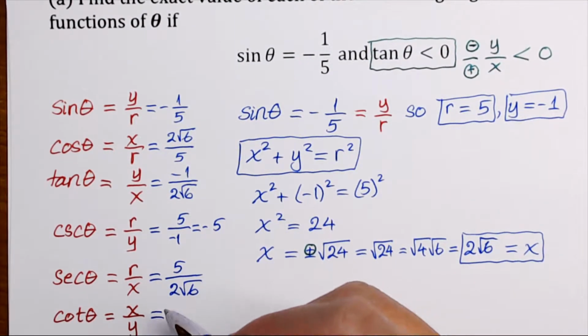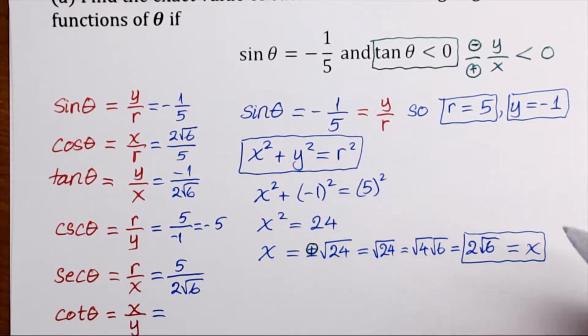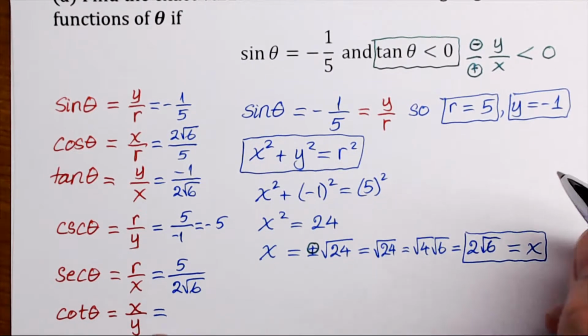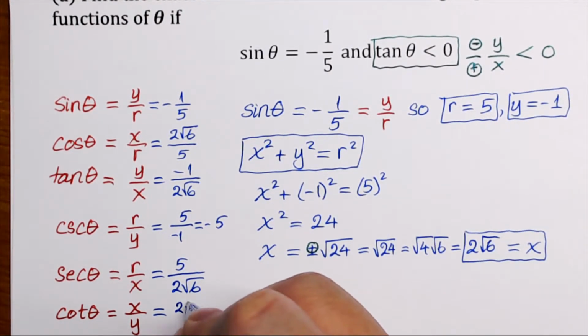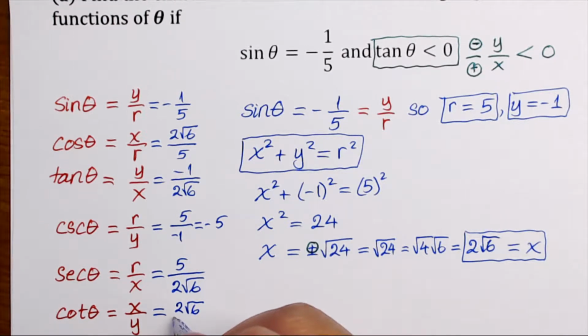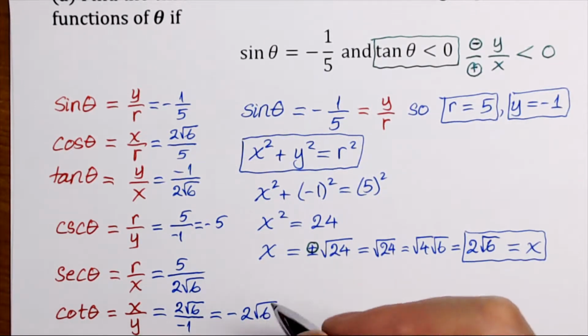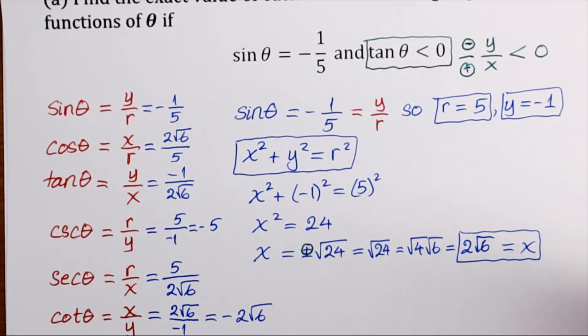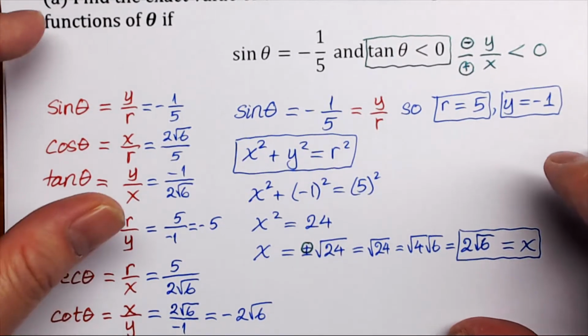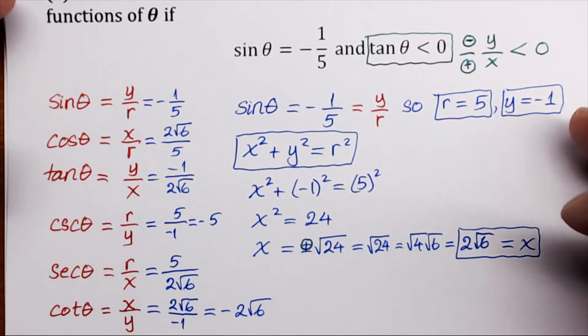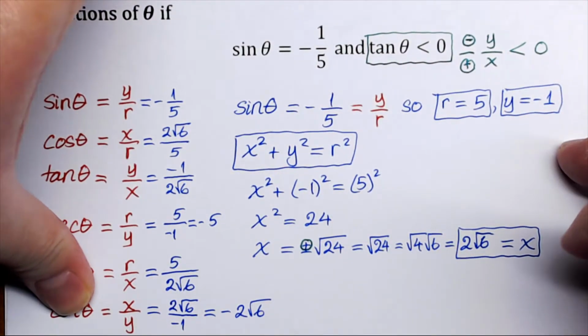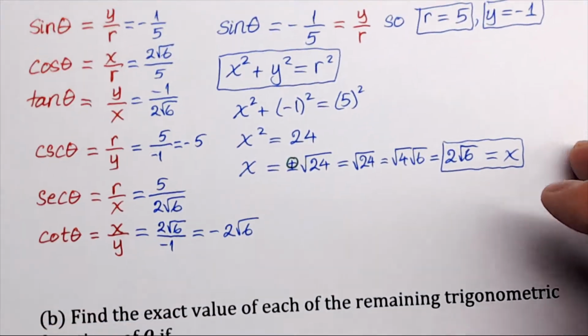And then cotangent, x over y, so 2 square root of 6 over negative 1 is negative 2 square root of 6. And that will be the first part of this question.